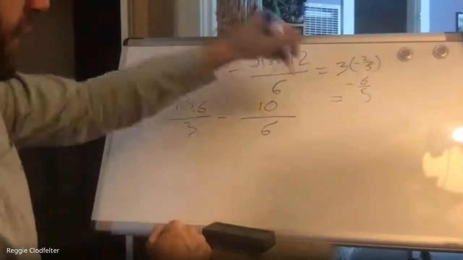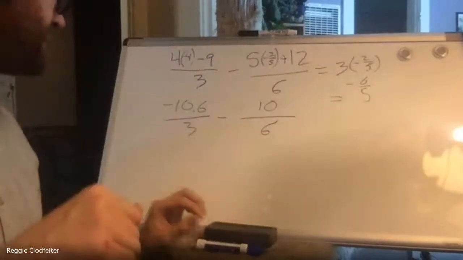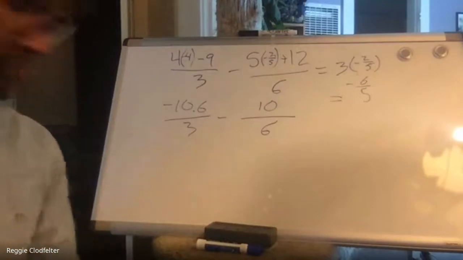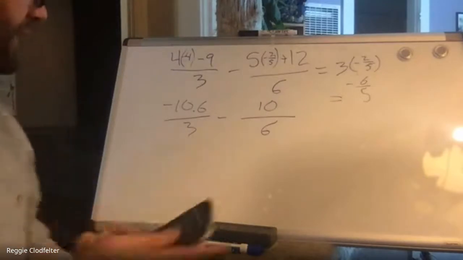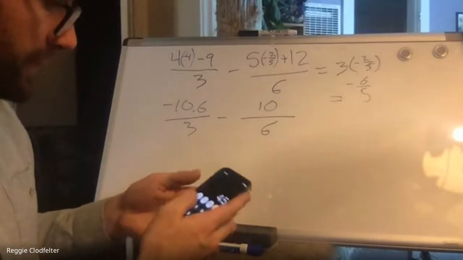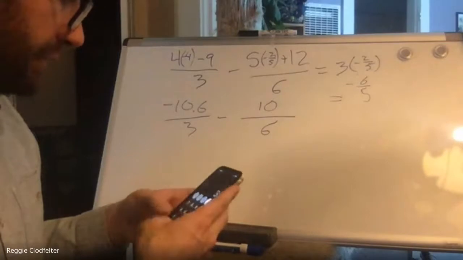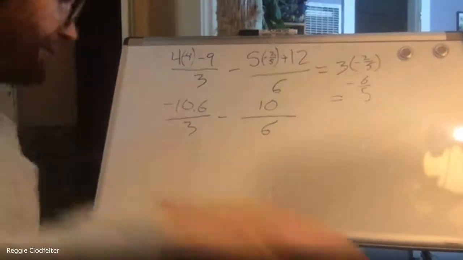And we want to find out what that equals. So now we can just use our calculator. Negative 10.6 divided by 3. Where's my phone? My calculator on it? So negative 10.6 divided by 3 equals negative 0.96.